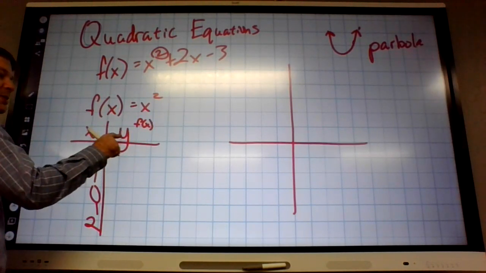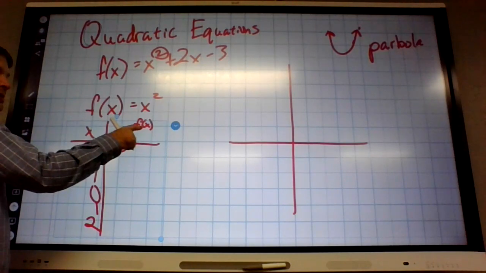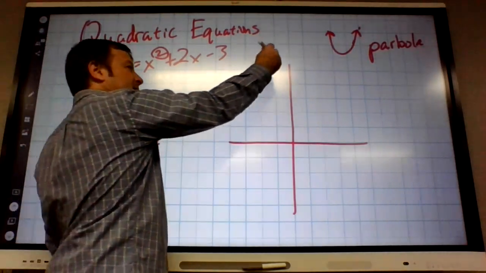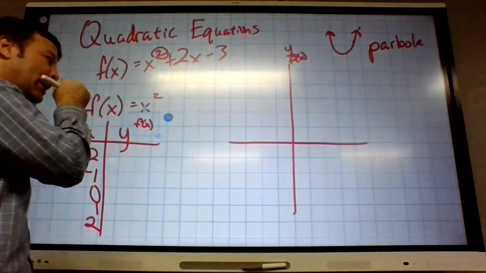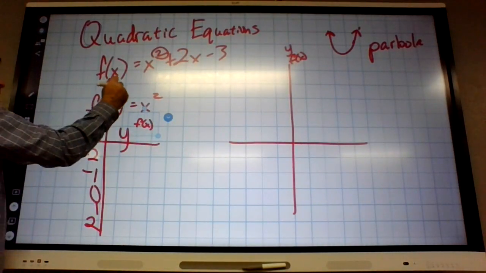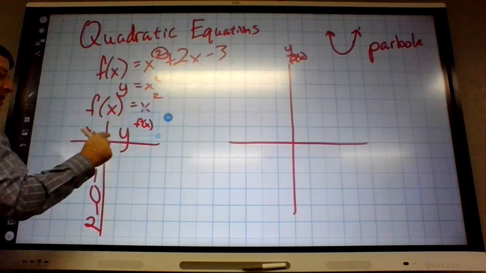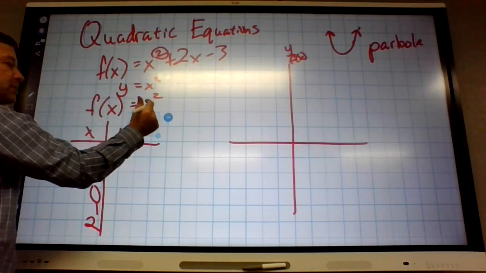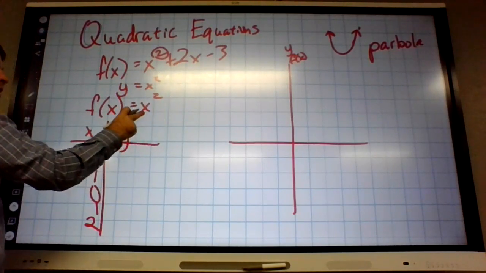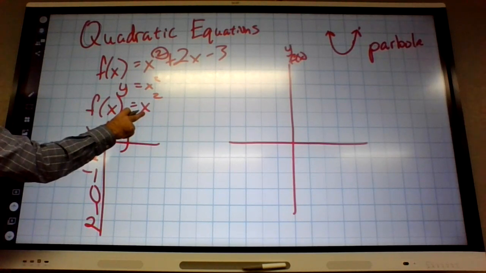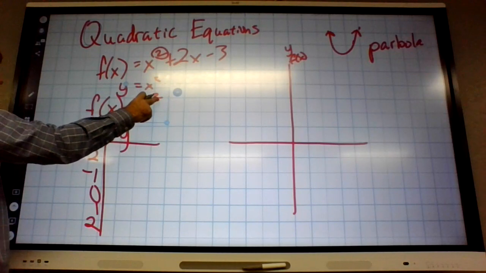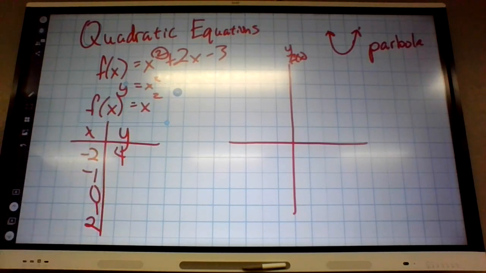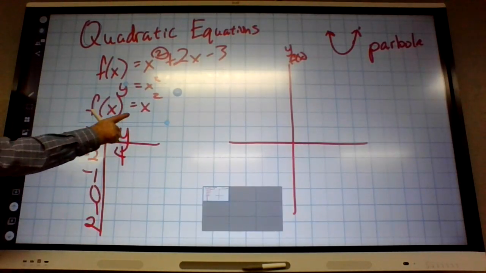By the way, the y coordinate is the same thing as the f of x coordinate. The y-axis could also be the f of x axis. They're interchangeable. Y equals x squared. If I plugged in -2 for x, what would I get? 4. -2 squared is +4.